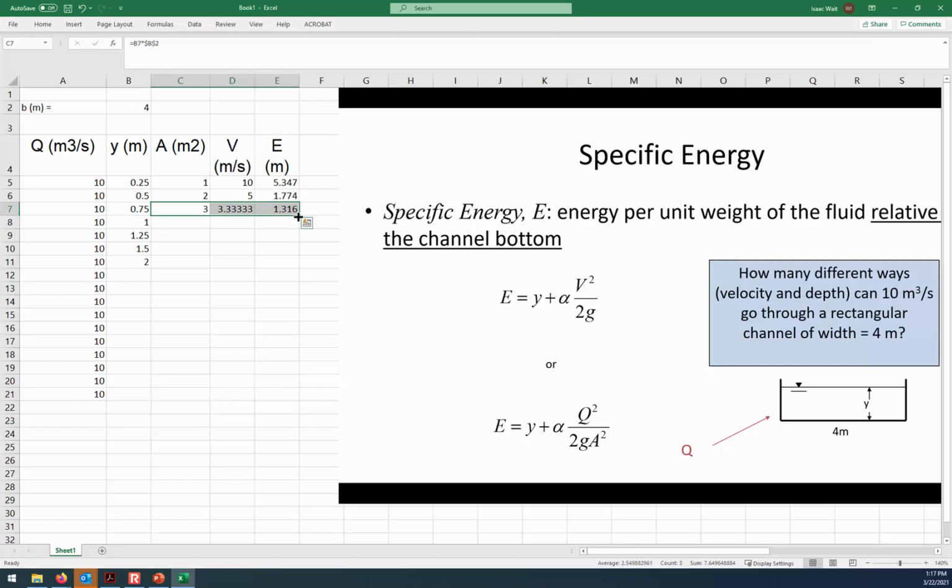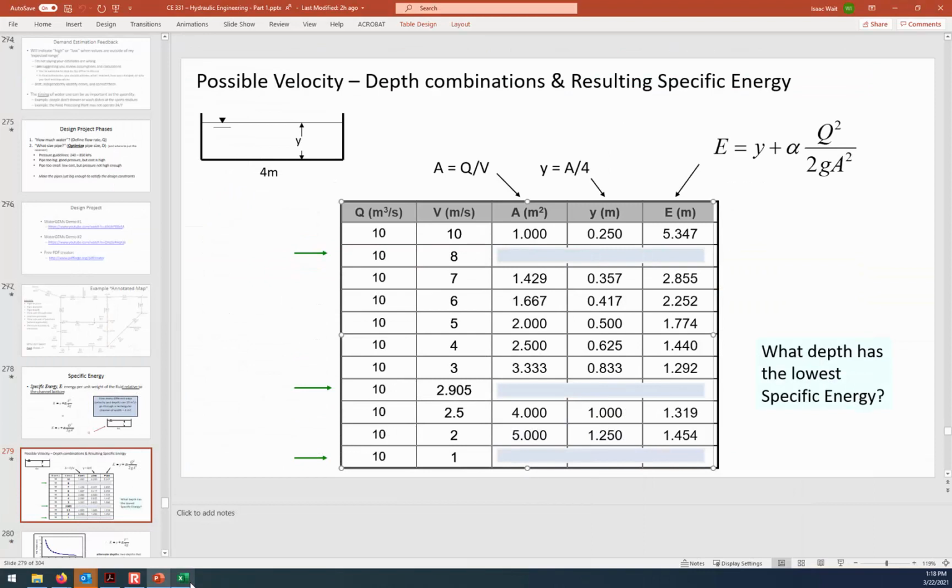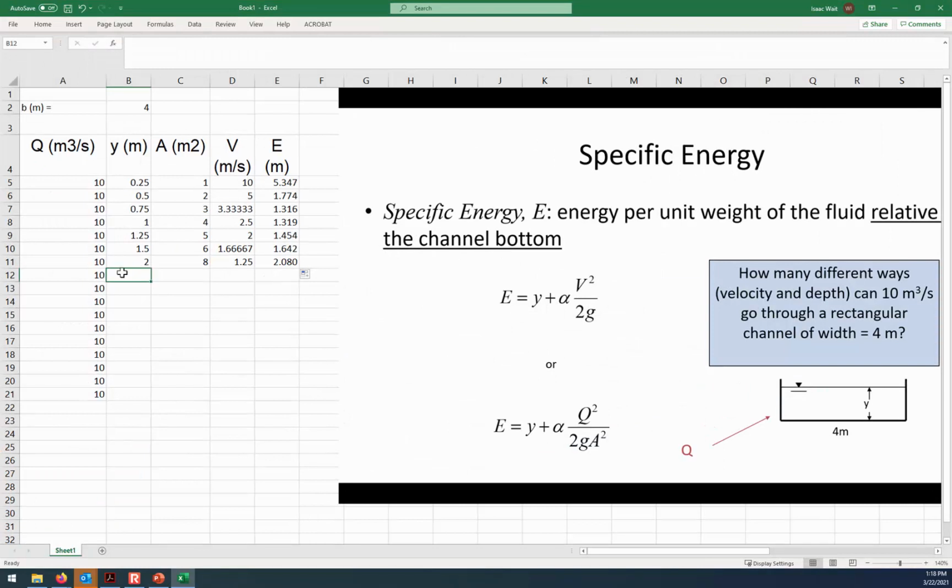We're just going to get a whole variety of different depths, and there's really an infinite number of possibilities. I went as far as a depth of maybe 1.5 at the upper limit.